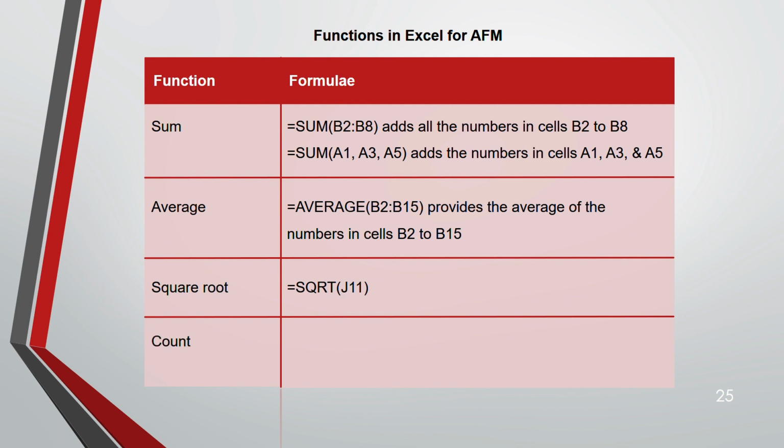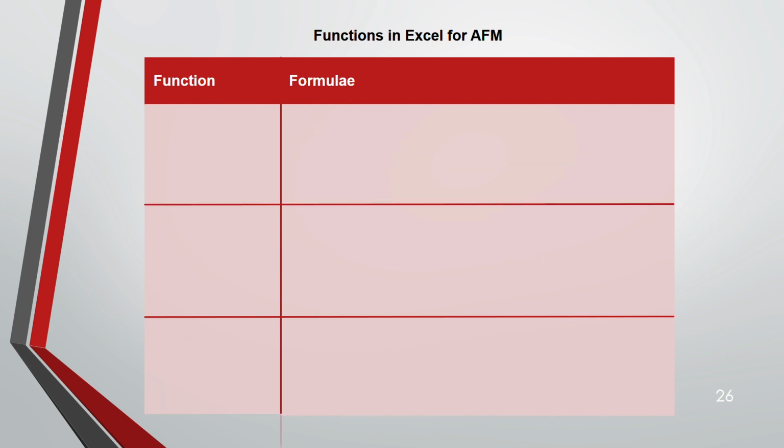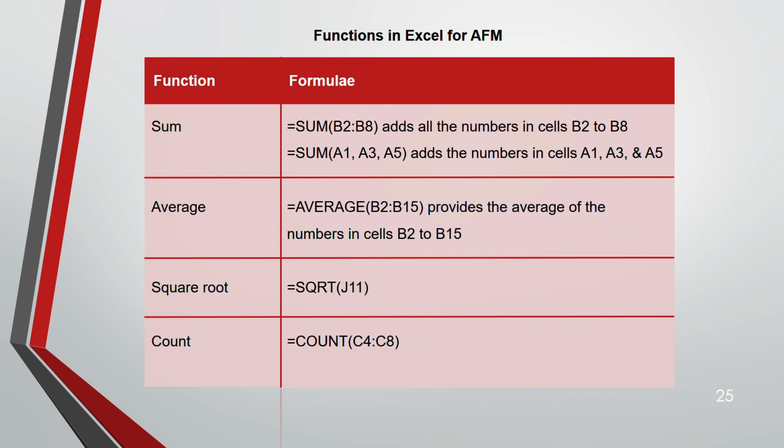Next, count. It's very similar to sum or average. Just drag the cell from C4 to C8. And remember, when you're counting, let's say C4 to C8, that those cells have numbers in them. So it will count C4, C5, C6, C7, C8. 5 cells are there, right?